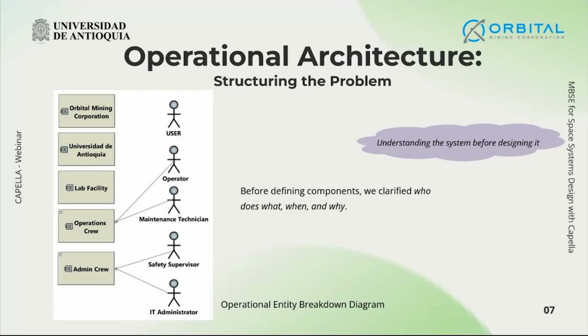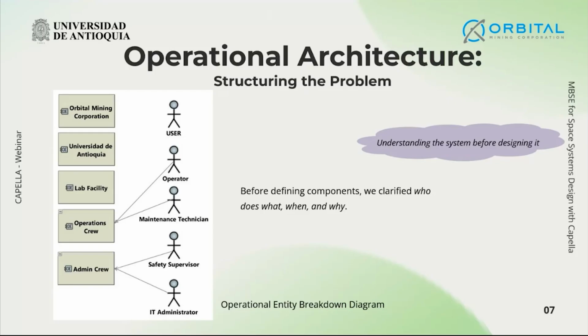Using the operational architecture, we identified all relevant actors: the user, the operator, the maintenance technician, the IT administrator, and the safety supervisor. But we also modeled the vacuum chamber as an operational entity interacting with these actors. This step helped clarify responsibilities, constraints, and interactions during normal operations, maintenance, and abnormal situations.